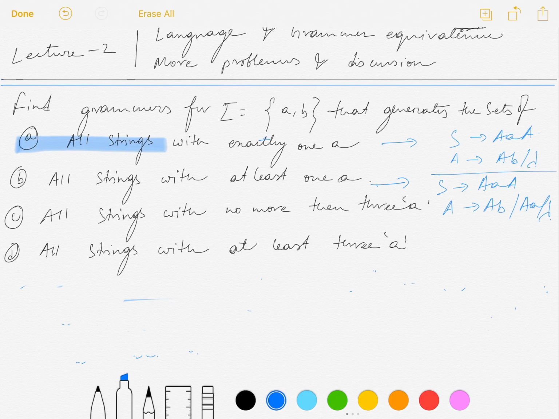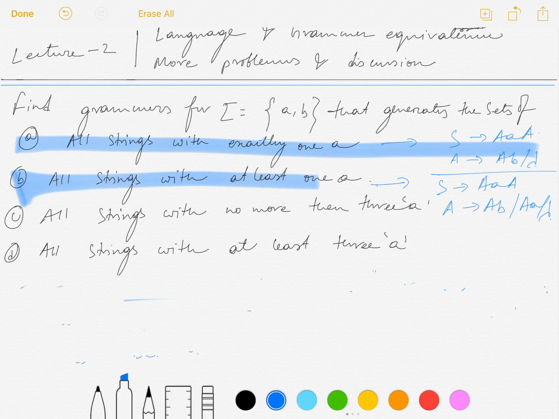Now, these two problems are solved. Now, let us consider all strings with no more than 3 a. That means only up to 3 a will be there.